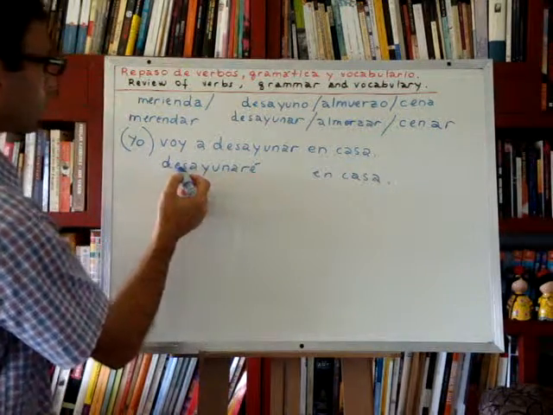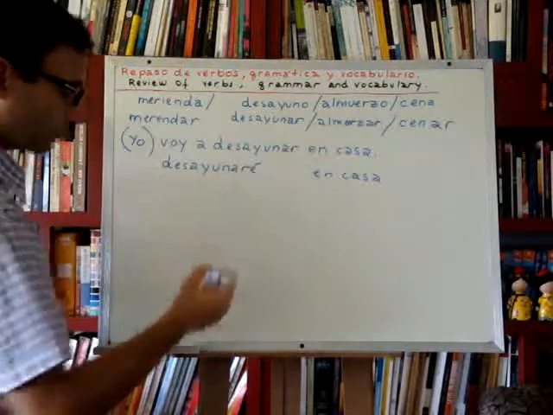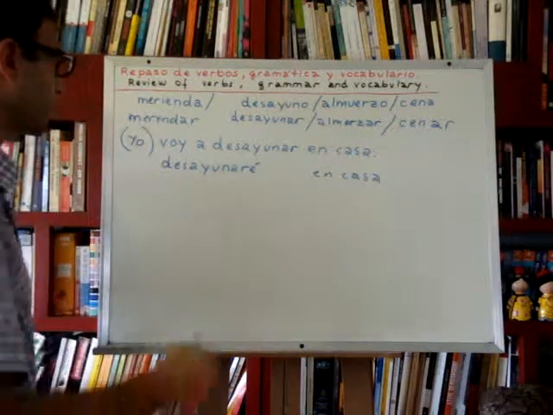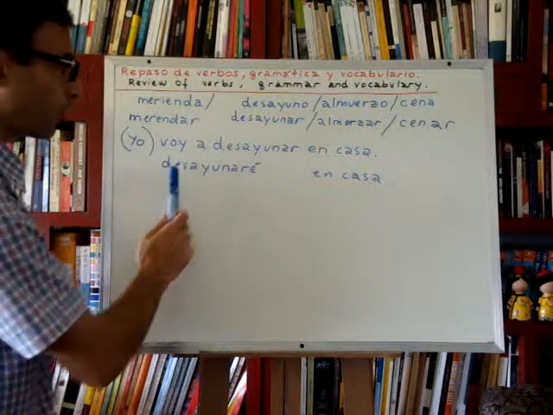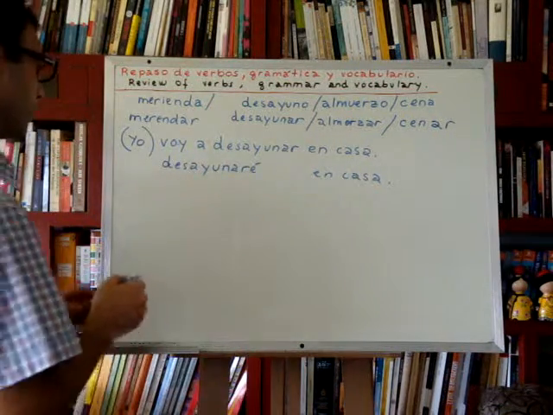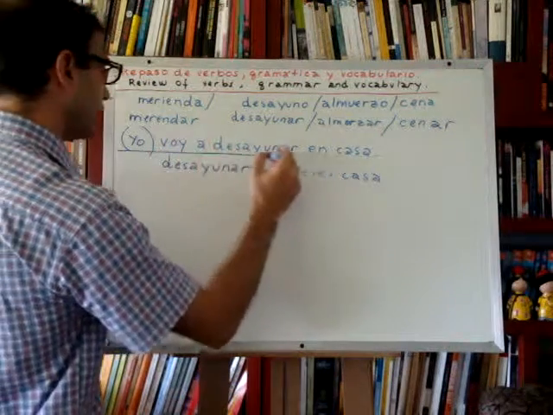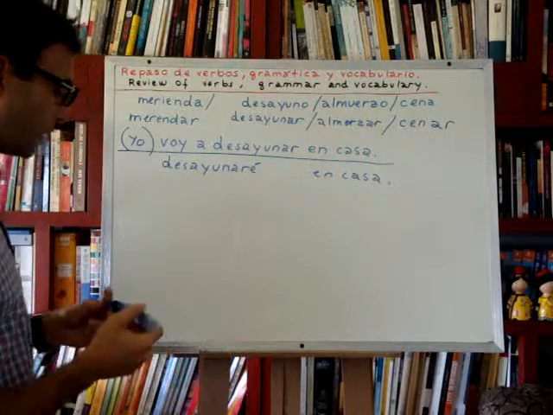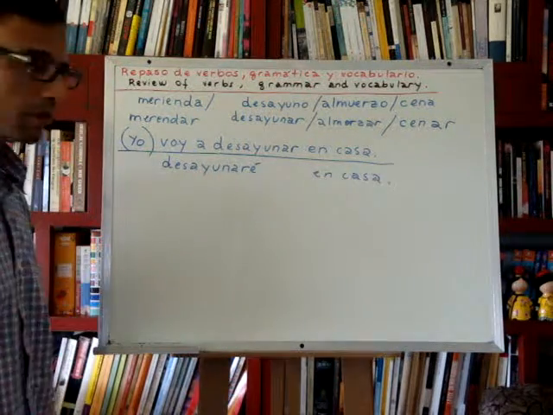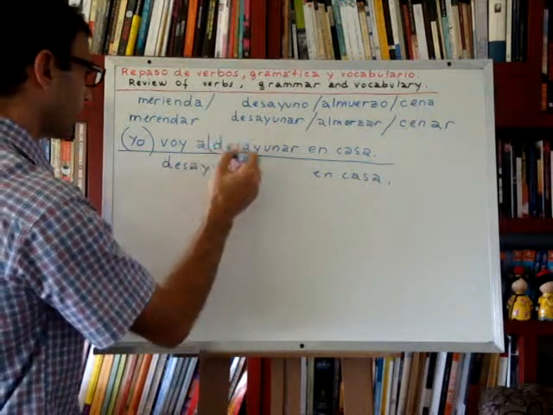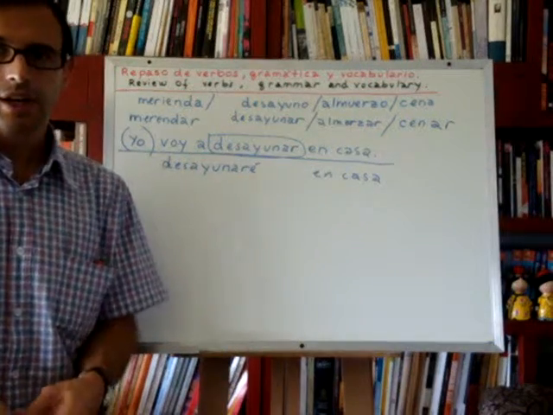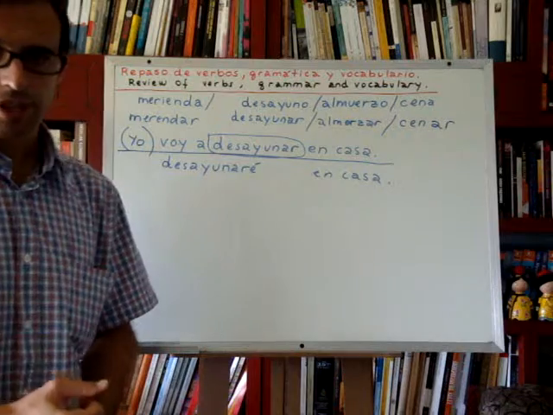This is what I call future number one, and this is what I call future number two. Two ways of just speaking of the future. I am going to have breakfast at home, and I will have breakfast at home, right? For you, this one will be easier. You don't need to conjugate the verb desayunar. You just leave it in infinitive, right? Yo voy a desayunar en casa. I will have breakfast at home.